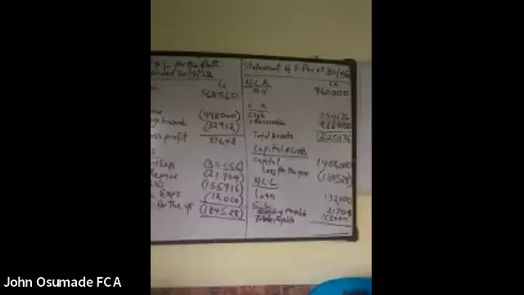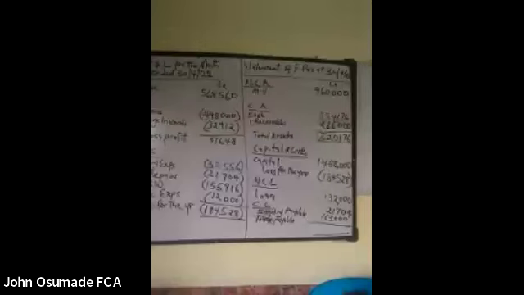Every other thing that is not in jacket is added. And there's no bracket in total assets. So add up. Is it in agreement? Yes, sir.